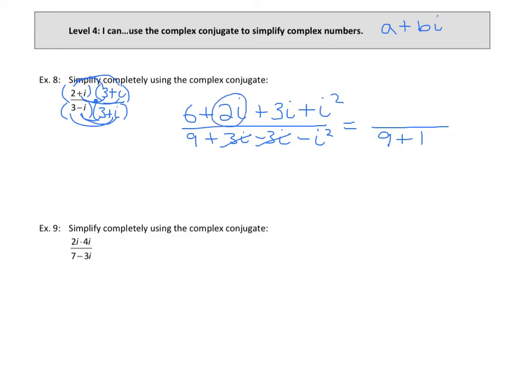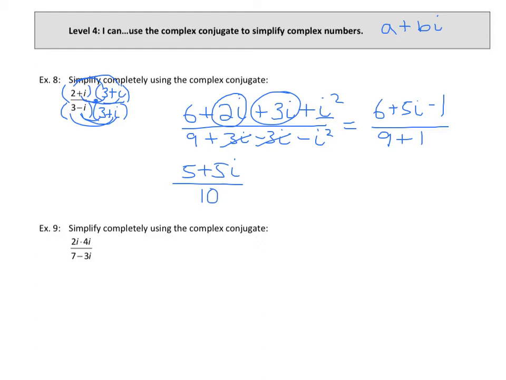The 2i and the 3i are like terms. They can be combined. So we get 6 plus 5i, and i squared is negative 1, so we get minus 1. And then simplify a little further. On the top, 6 minus 1 is 5 plus 5i. And on the bottom, we have 10.